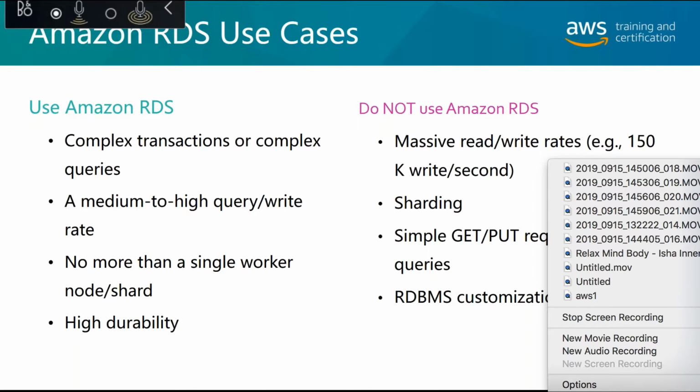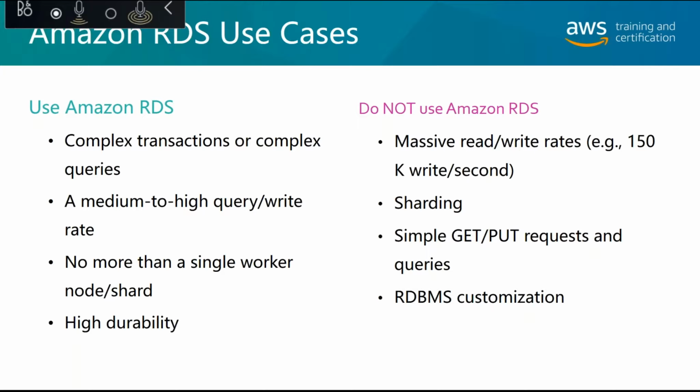Remember RDS is the relational database service that supports different engines, one of them is Aurora, which is what AWS created. So you have Aurora, MySQL, Microsoft SQL, Oracle, MariaDB, and Postgres. Those fit under the Amazon RDS umbrella.